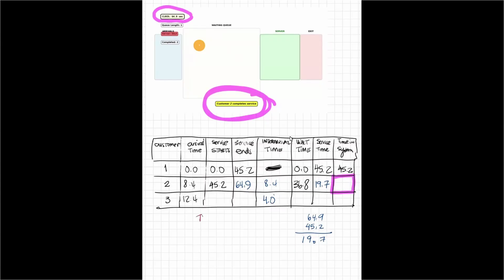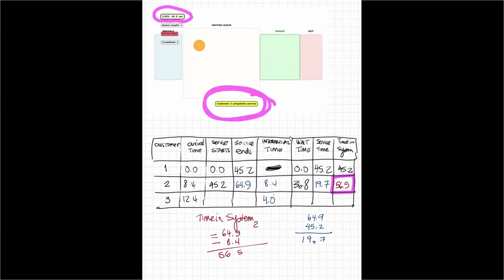So the time in the system for customer number 2 is the time we leave, 64.9, minus the arrival time, which was 8.4. That's 56.5. So this customer stayed 56 and a half seconds or minutes, whatever this is. All good?